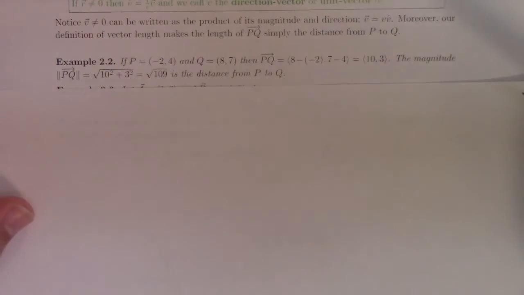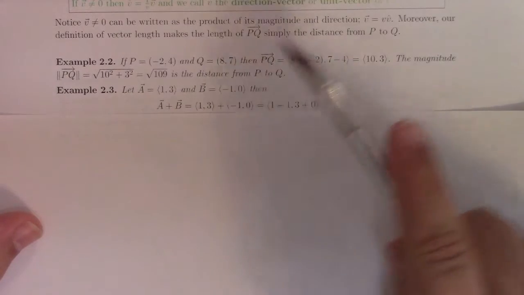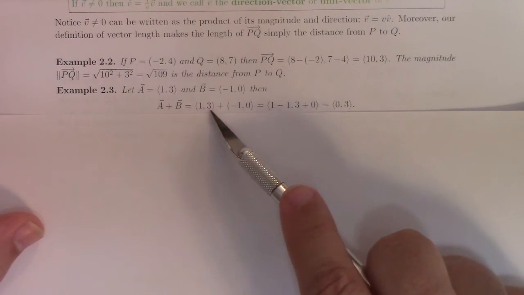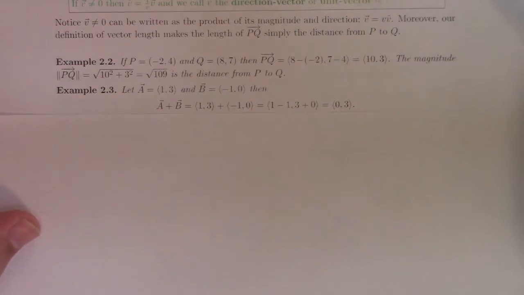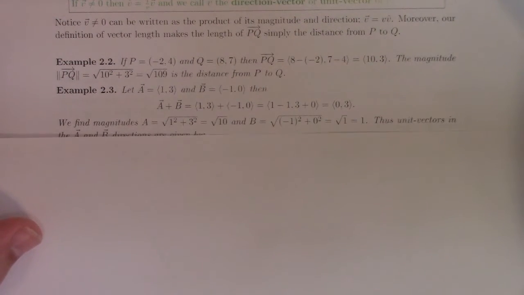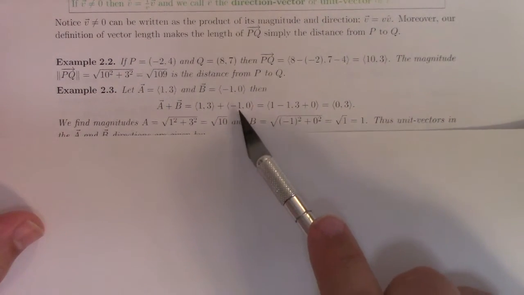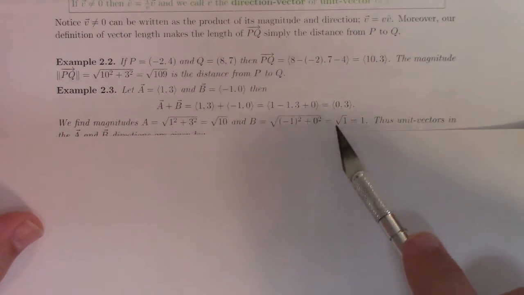Another example, if vector A is (1, 3) and vector B is (-1, 0), then for A plus B, I just add 1 to -1 and 3 to 0, and I get (0, 3). And you can calculate the magnitude of A, the square root of 1 squared plus 3 squared, the square root of 10. The magnitude of B is just 1.